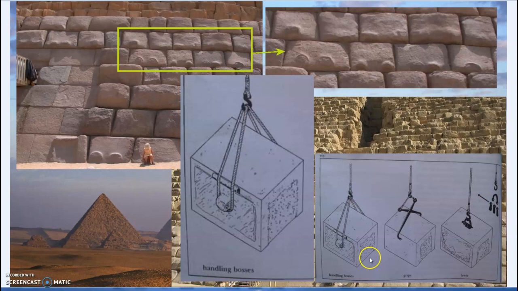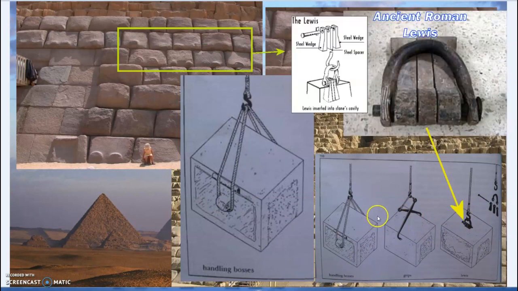But these were some of the techniques they used to lift stones, and the important one here to feature is the handling boss, or the lifting boss, which is still used today. We even still use grips or clamps today, and this Lewis as well. And here's a surviving ancient Roman Lewis. It's a very simple device, yet very, very strong, and an awesome way of lifting.